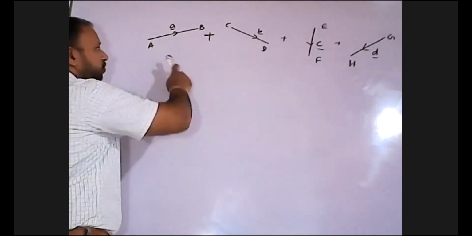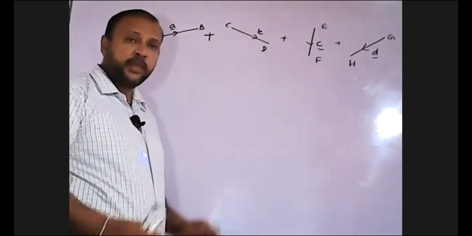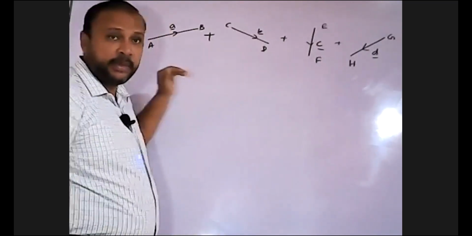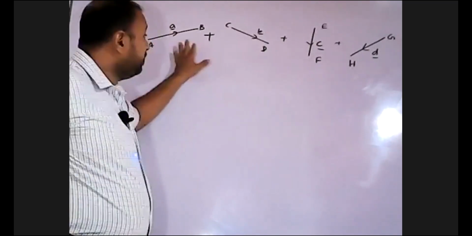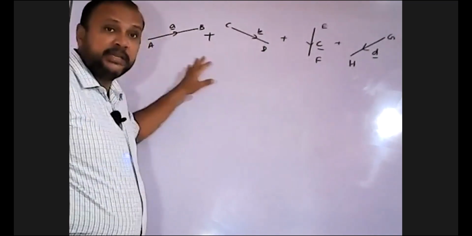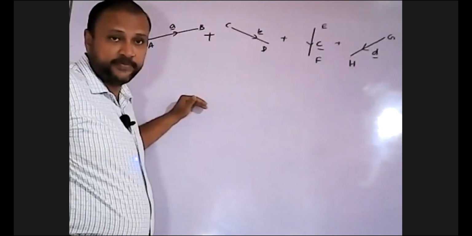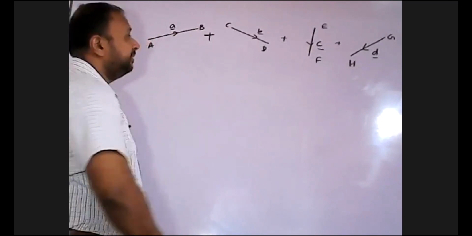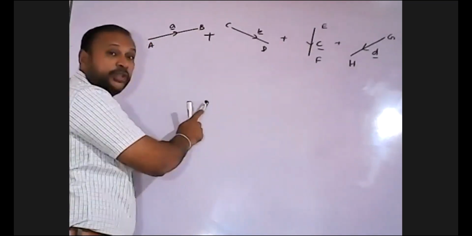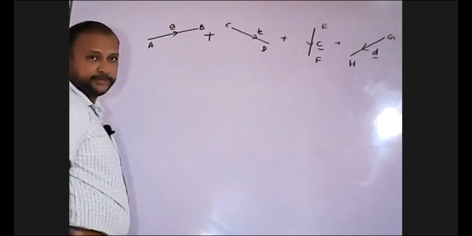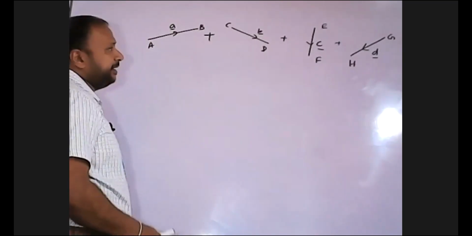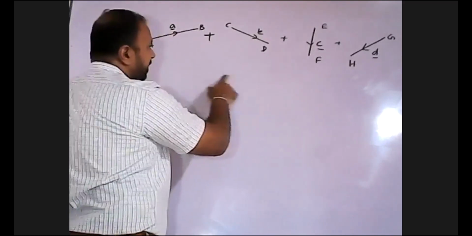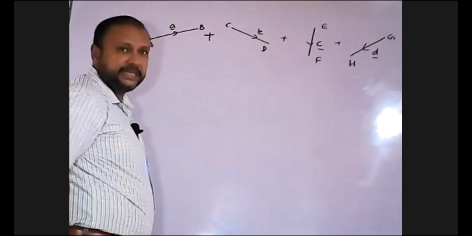First, we add these two vectors. Then we take the resultant of these two vectors, so we can replace these two vectors by their resultant force. Then we added the third vector to that resultant. Then there will be another resultant vector, that is A plus B plus C.